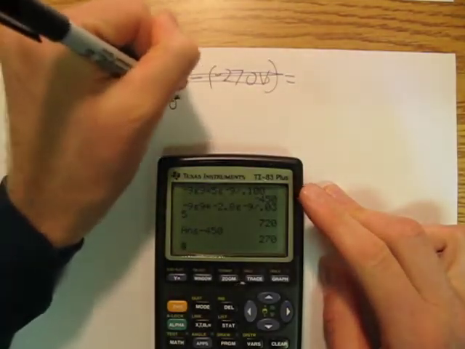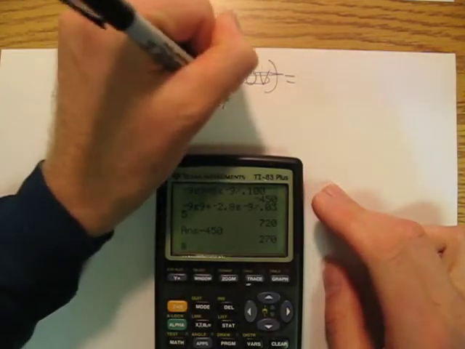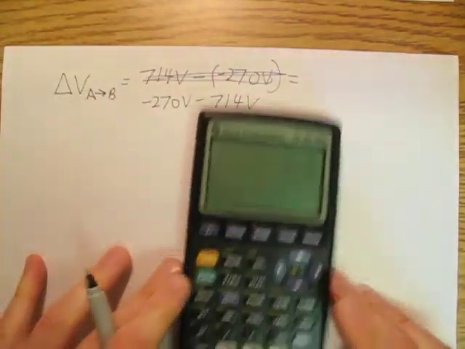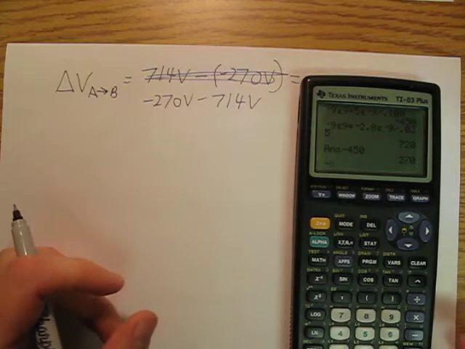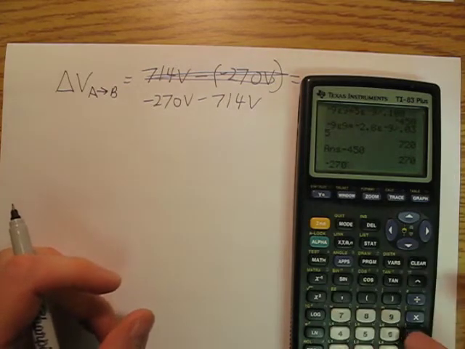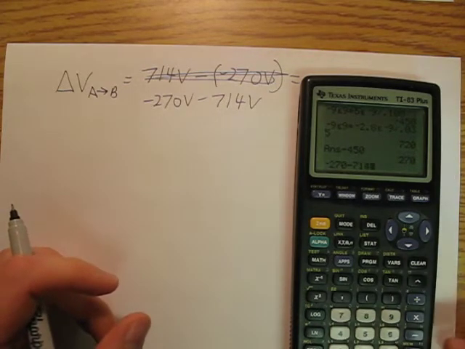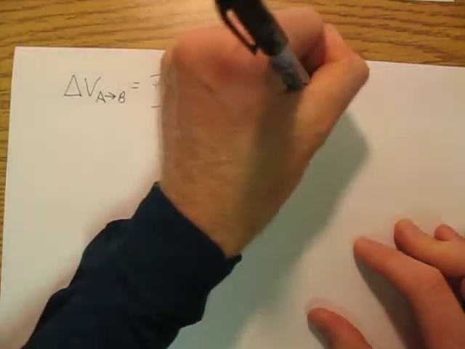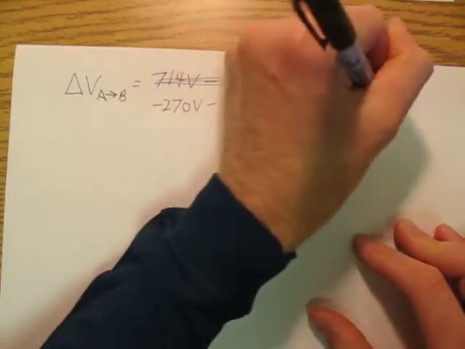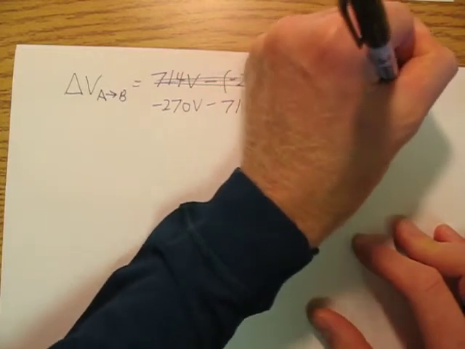Negative 270 volts minus 714 volts. So if I've got negative 270 minus 714, I get negative 984 volts. And that's the potential difference.